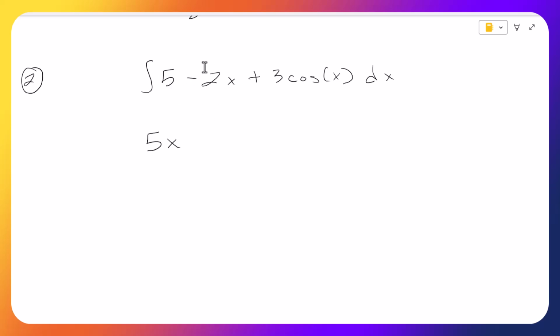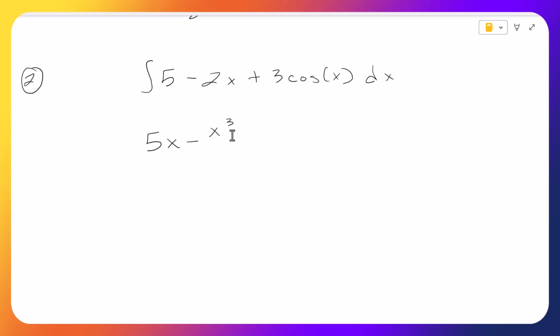And then we have negative 2x. Well, this is going to be using our integral power rule. So I'm going to take this exponent and put it as an exponent plus 1. So I'm going to have x cubed.